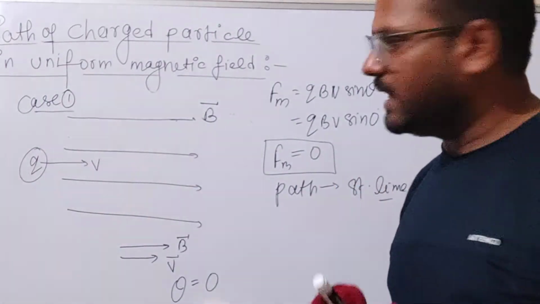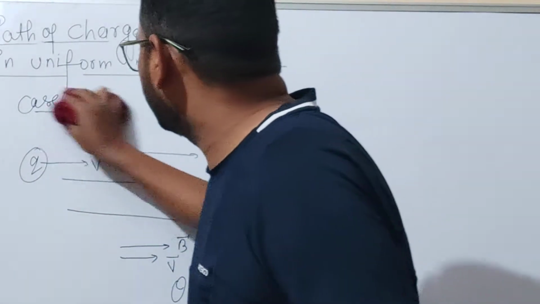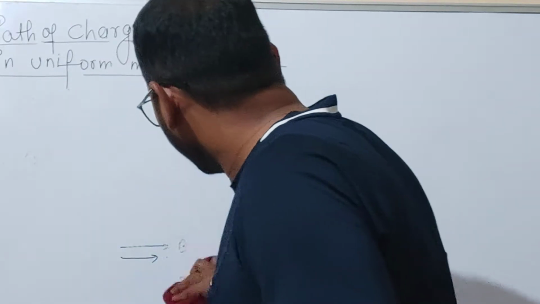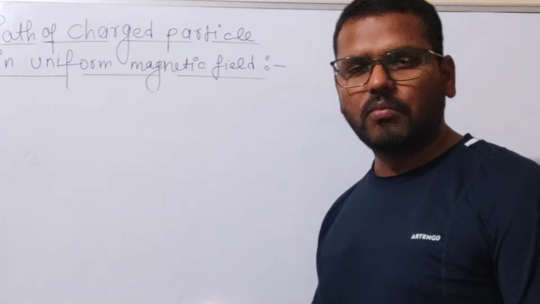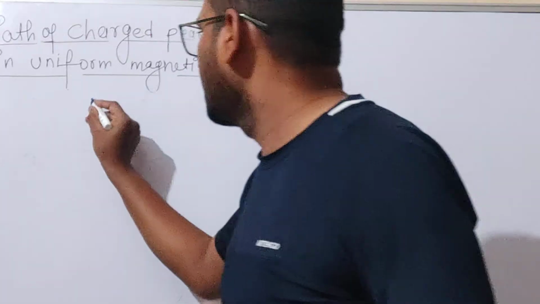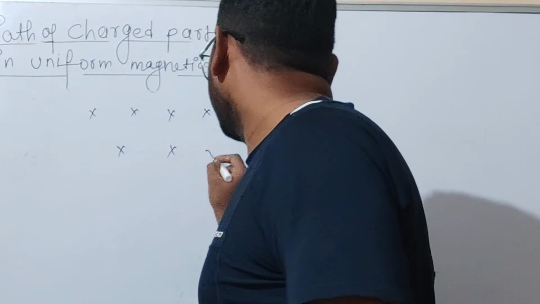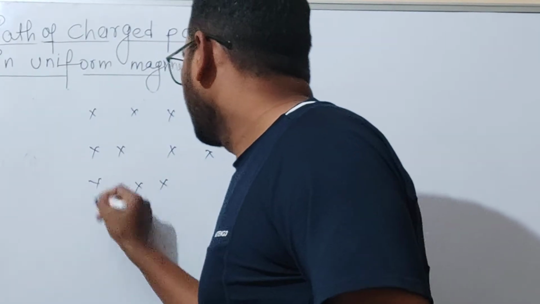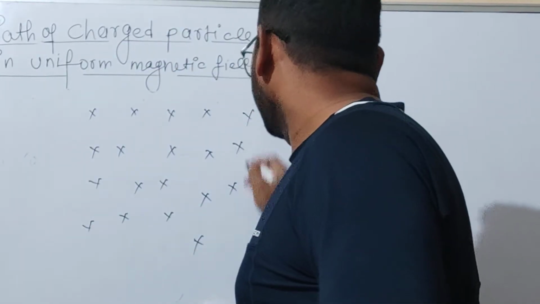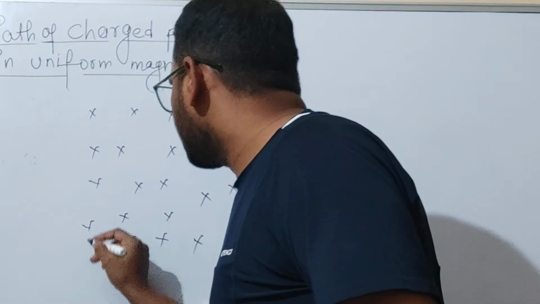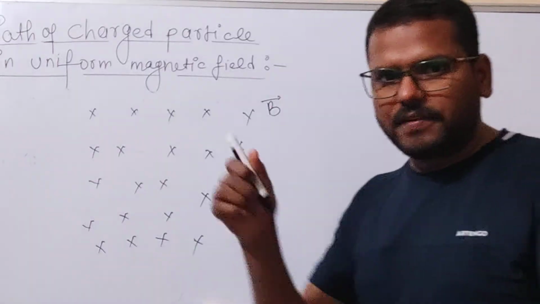Now the second case. I am taking the magnetic field and the velocity of the charged particle both perpendicular to each other. Let us draw the magnetic field, which is into the plane, meaning inward.